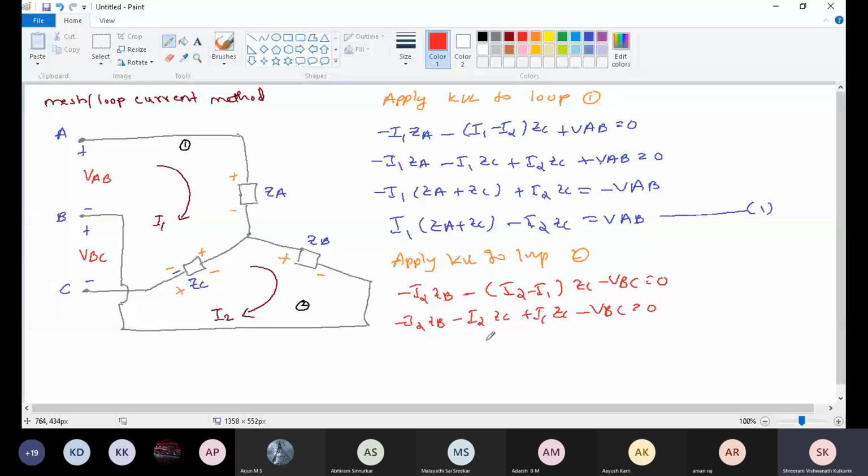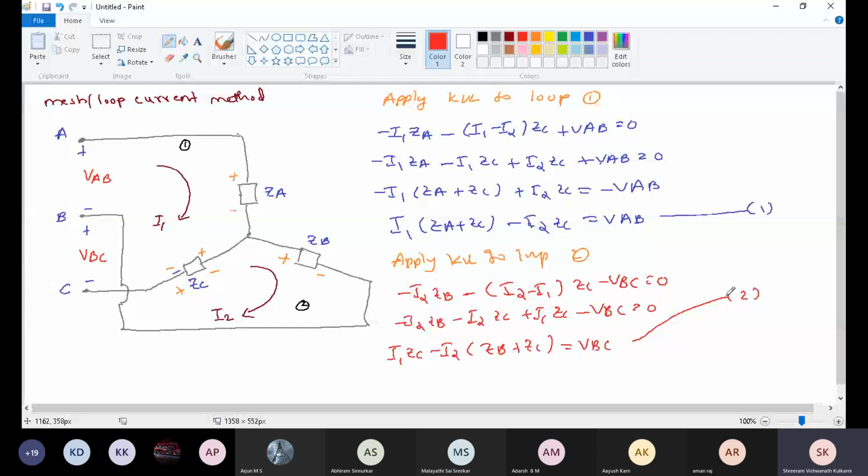Okay, from this I'll get I1 ZC minus I2 (ZB plus ZC) equals to VBC. I'll call this one as equation 2.